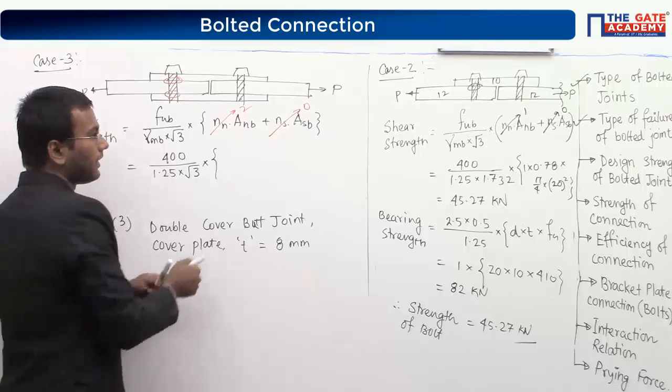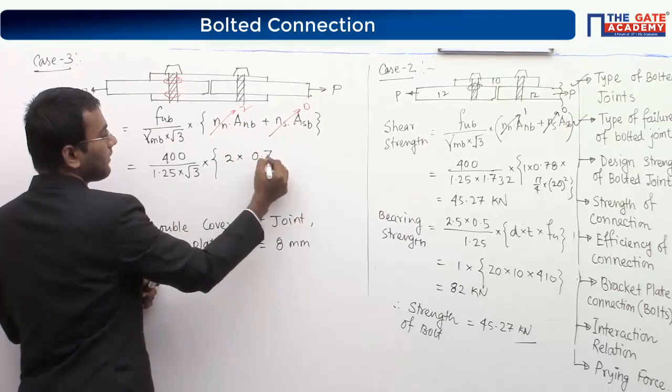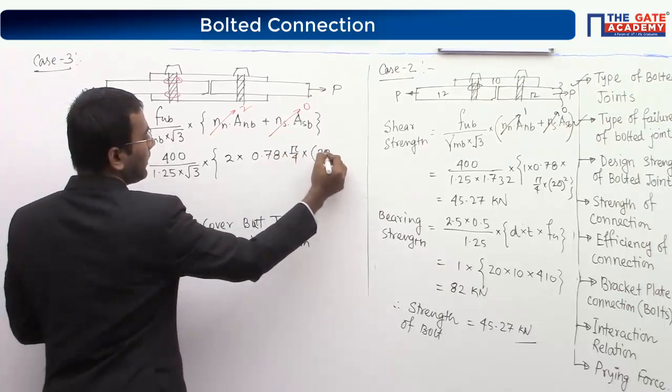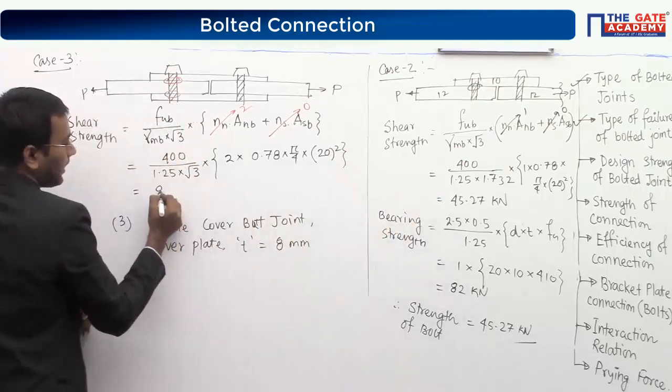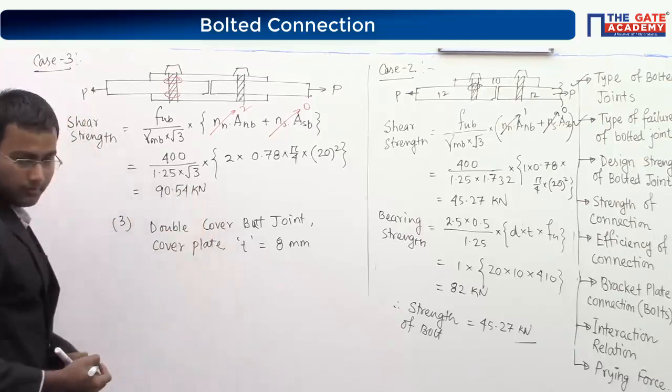Alright, if it is 2, so 2 multiplied by A_sb, 0.78 multiplied by pi by 4 into d square, d is nothing but 20 square. So I can find out by multiplying this value, 90.54 kilonewton. First one we have done.